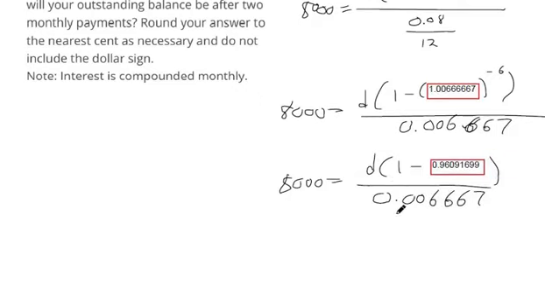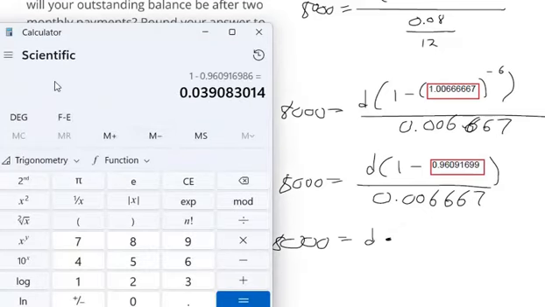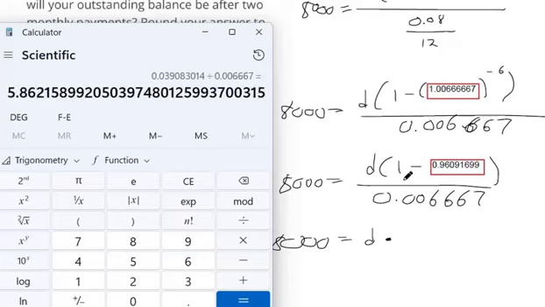Okay, and then we can subtract those 2 numbers inside the parentheses, and we can move that d out to the outside and multiply it by what this fraction is going to be. So I've got this number that's being subtracted from 1, so that's what our numerator is. And while I'm here, I'm going to divide that by the denominator, 0.006667. So we've got 5.862, carry out a few more decimals, so this will round up.